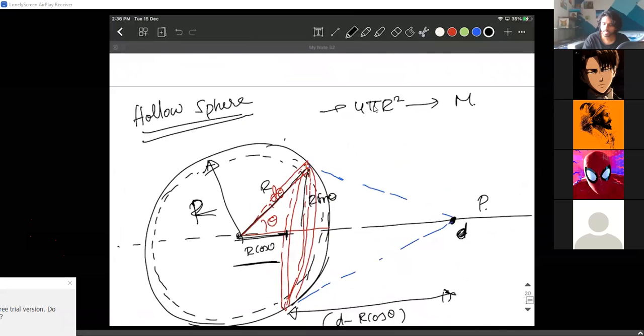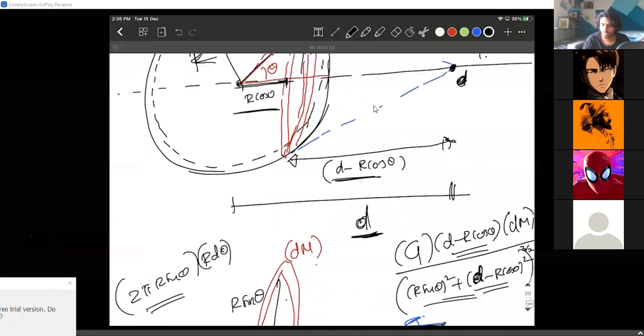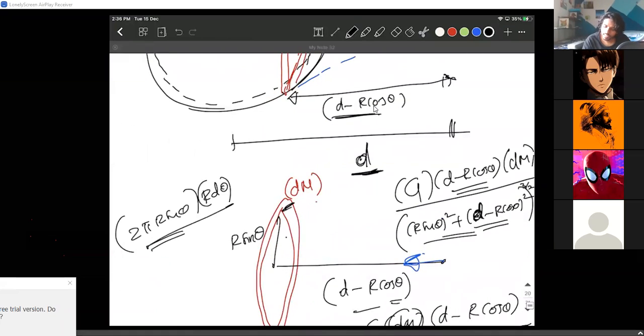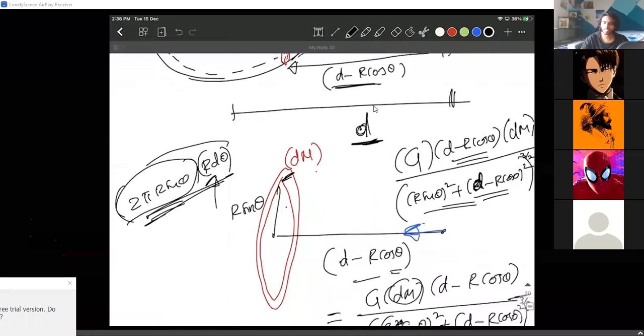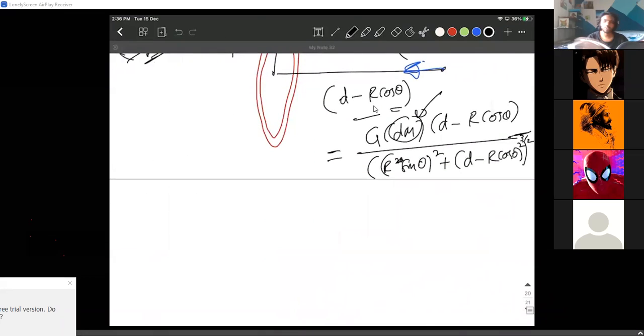Do you remember r d theta is the thickness? This is the area of the ring, the length into the thickness. So 2 pi r sin theta into r d theta, the mass is dm. So you cross multiply it, you get the value of dm, and you put it here.